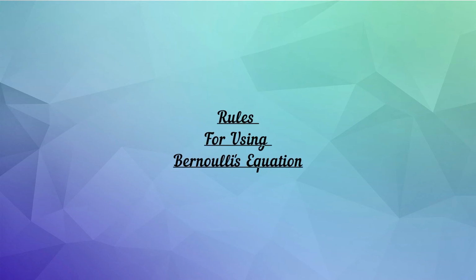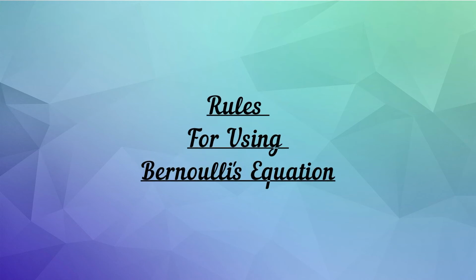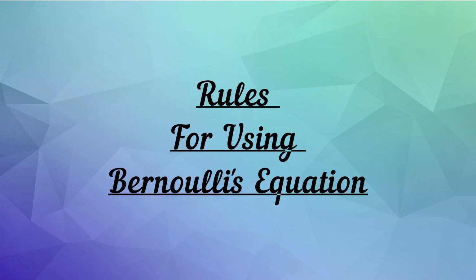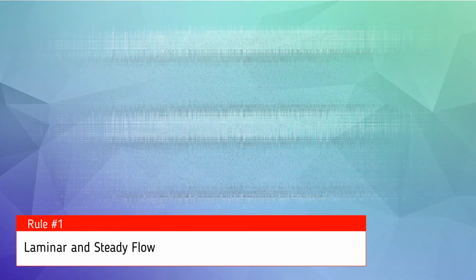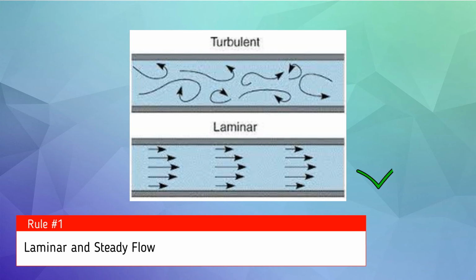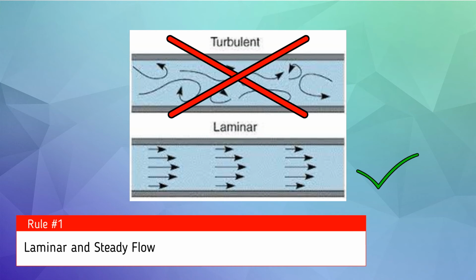As you can see, Bernoulli's equation can be very useful when trying to determine the velocity, pressure, and height of fluids in a pipe. But there are a few key points or rules you must take into consideration when attempting to apply Bernoulli's equation. The first rule is that the flow of the fluid must be laminar and steady. This means that there can be no turbulence in the fluid that would cause it to become unsteady.